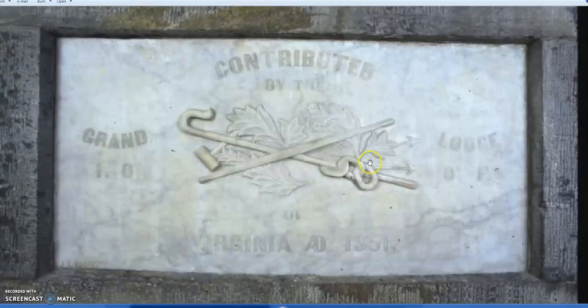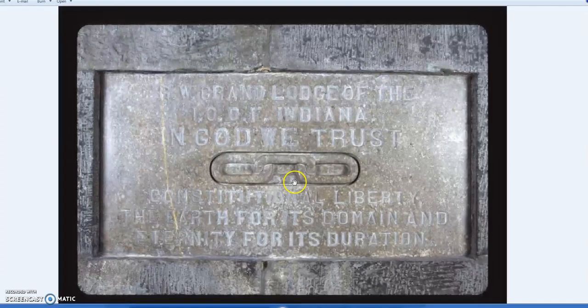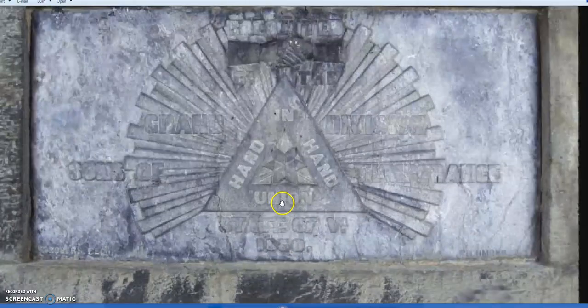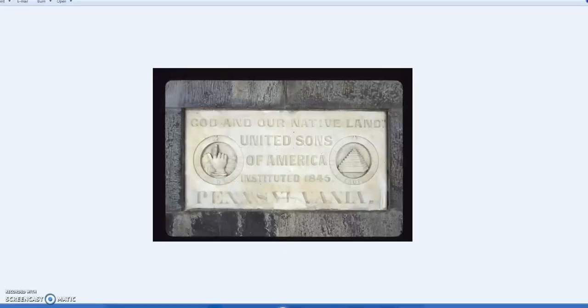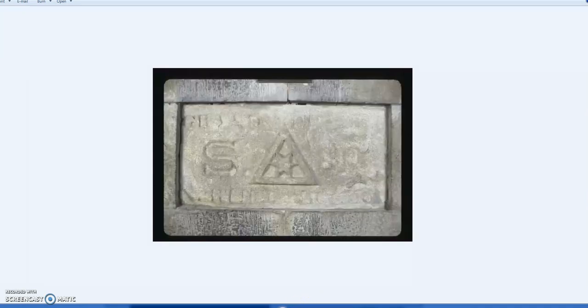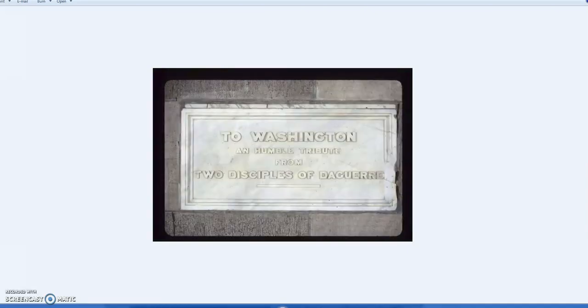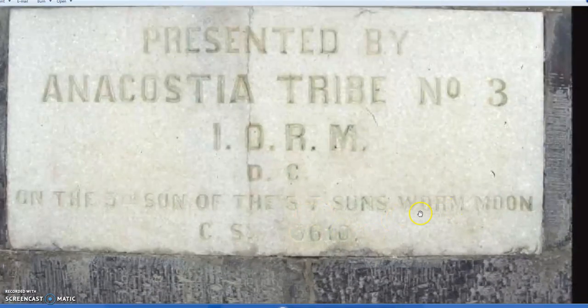Triple Link, Grand IOOF. Triple Link again. Whether it's Temperance, the Mechanics, Oddfellows, the Natives or the United Sons here, Hibernian Society, the Sons of Worm and Moon.